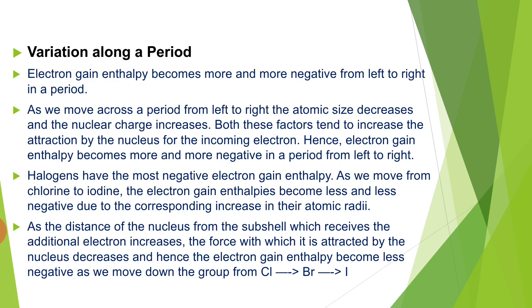Both these factors tend to increase the attraction by the nucleus for the incoming electron. Hence, electron gain enthalpy becomes more and more negative in a period from left to right.